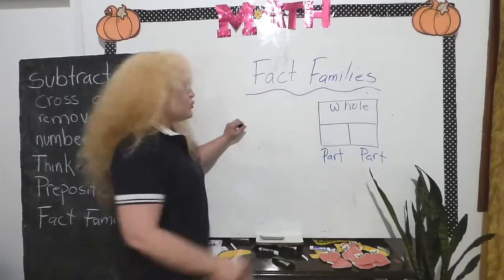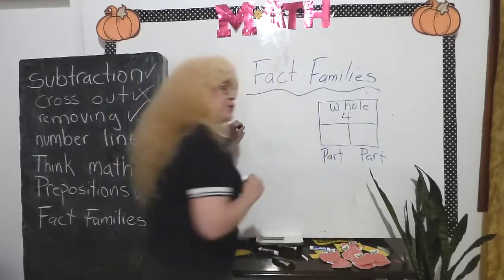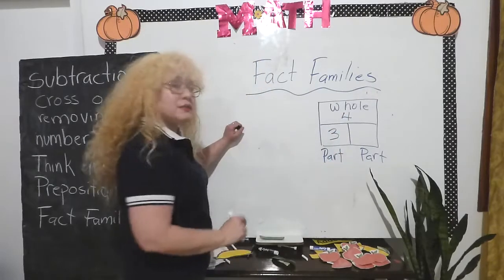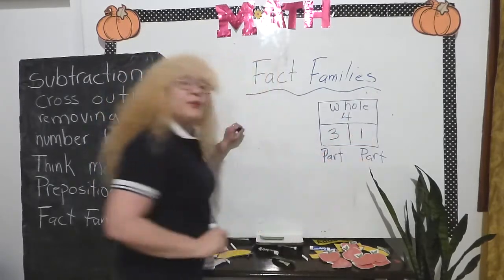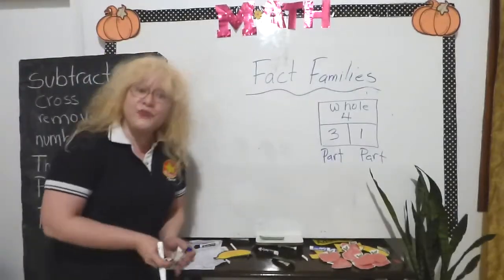And I am going to use number 4. I want easy numbers. I am going to use one part, that's 3, and the other part, that is 1. Okay, let's start working on our fact families.